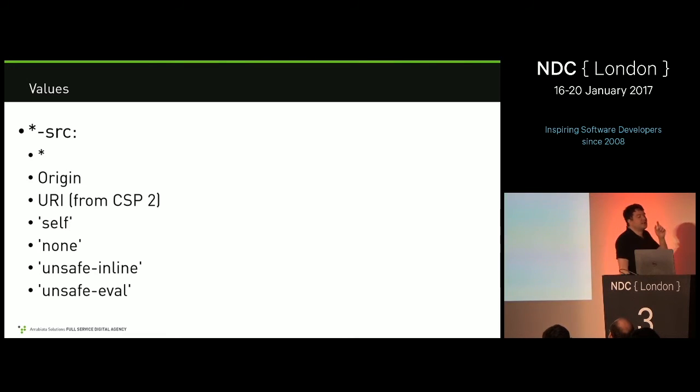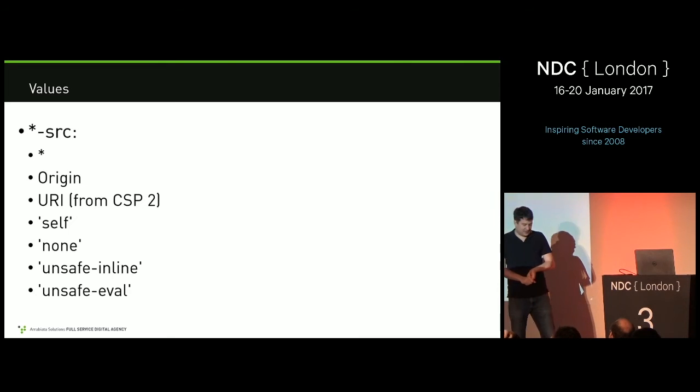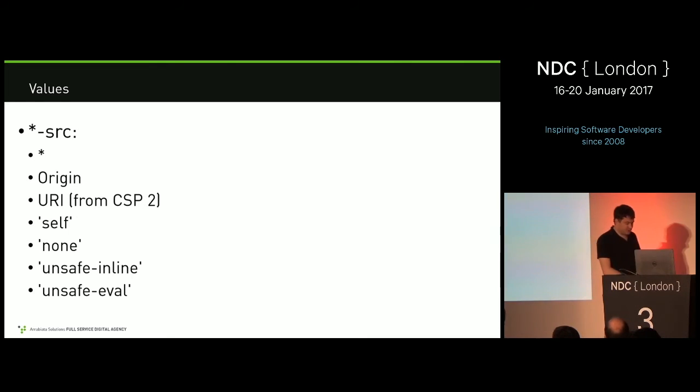So yes, you can activate inline styles and inline JavaScript code if you need it. And sometimes you do need it. For instance, one of the biggest users of content security policy, and one of the first users, is Twitter.